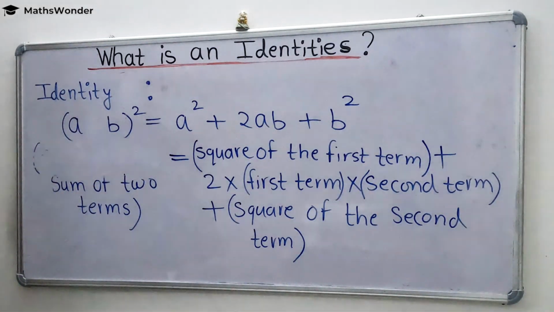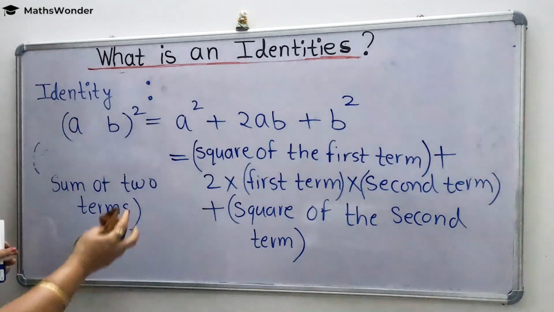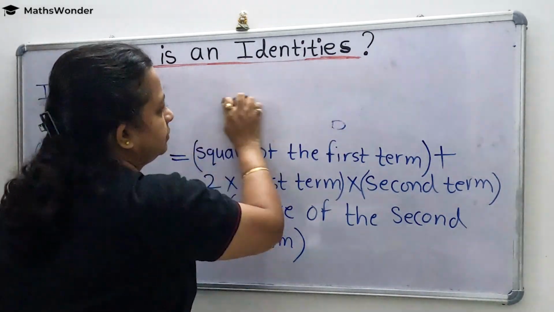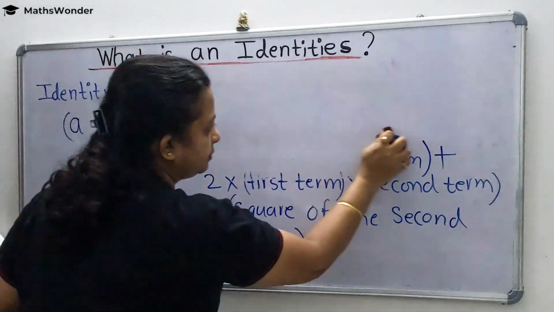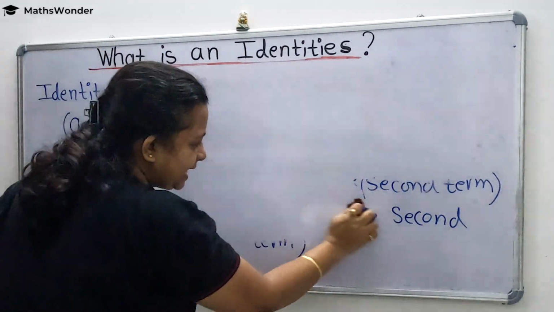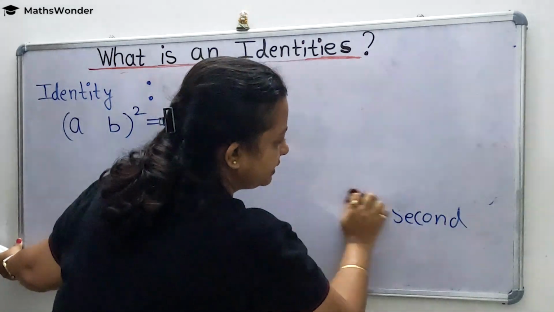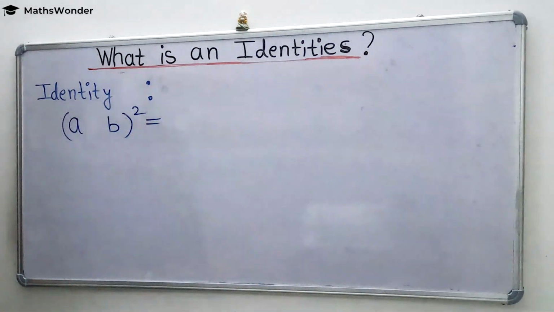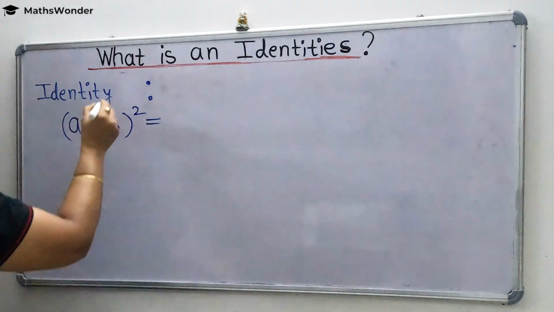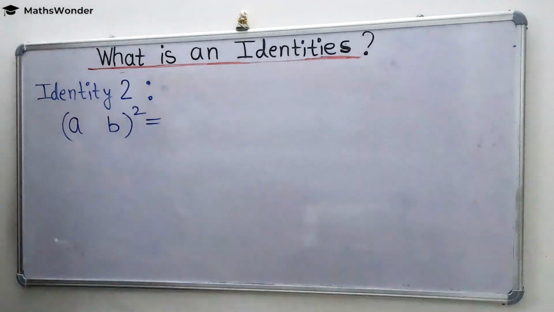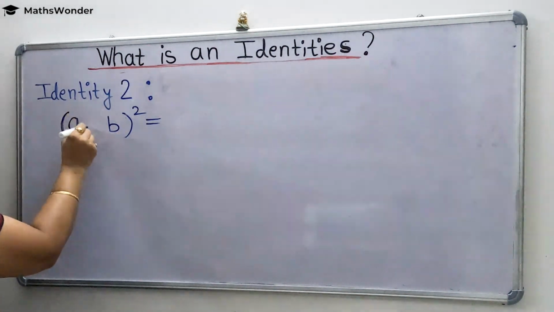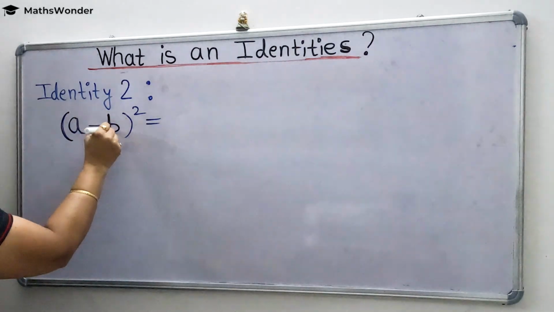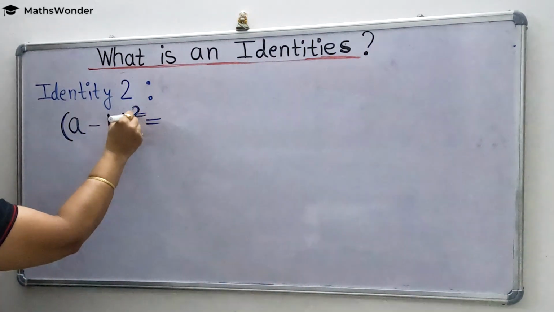Now come to the second identity. I am changing only the second identity. Any idea what the second identity is? Now we are going to the negative: (a - b) whole square.